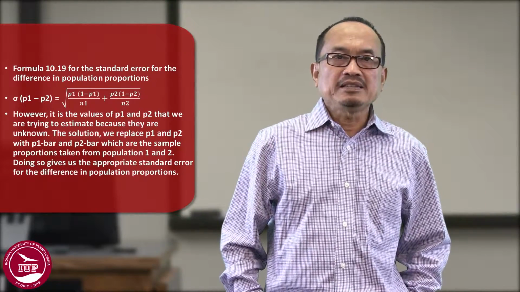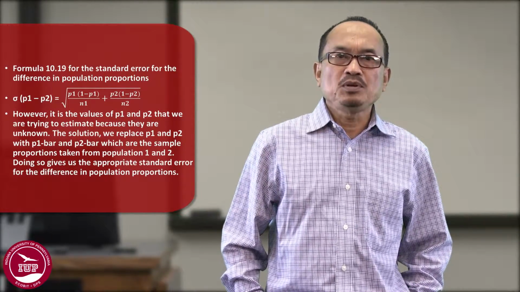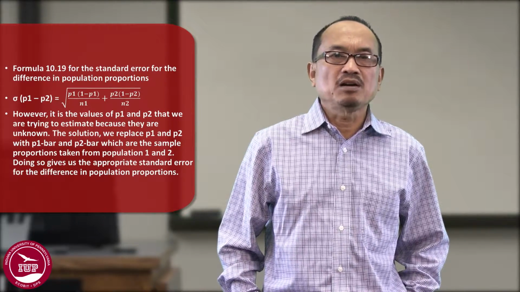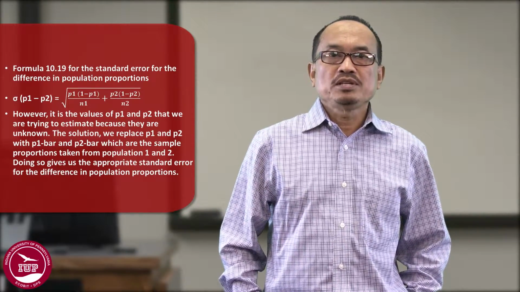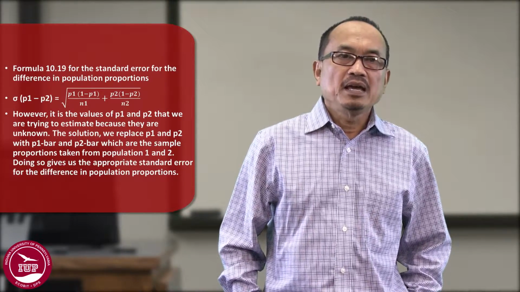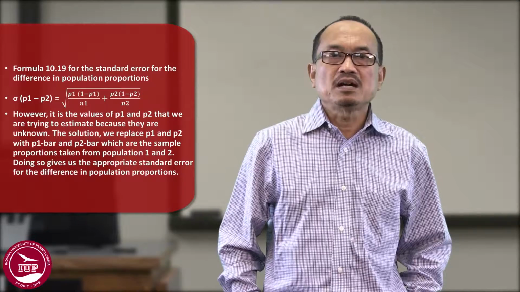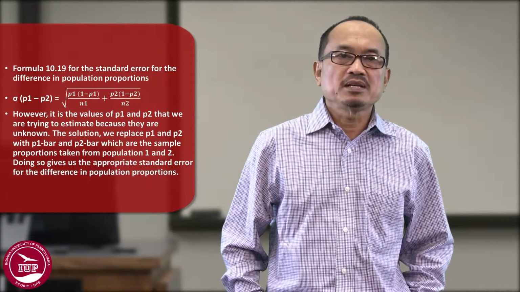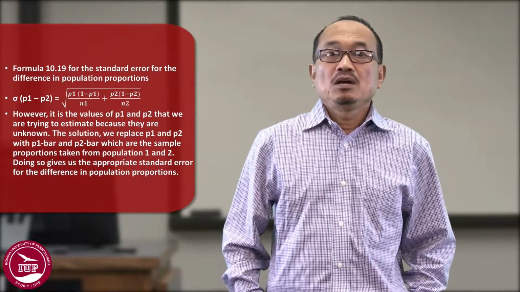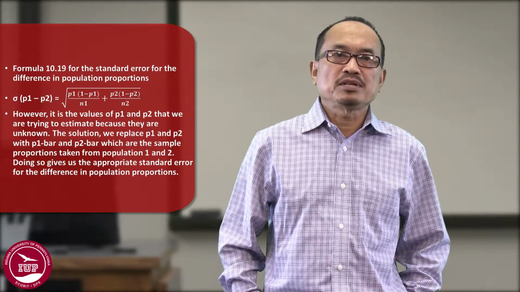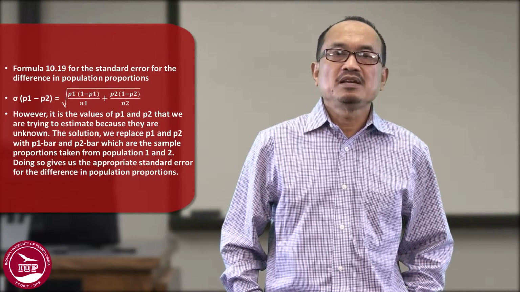However, it is the values of P1 and P2 that we are trying to estimate because they are unknown. The solution: we replace P1 and P2 with P1 bar and P2 bar, which are the sample proportions taken from population 1 and population 2. Doing so gives us the appropriate standard error for the difference in population proportions.